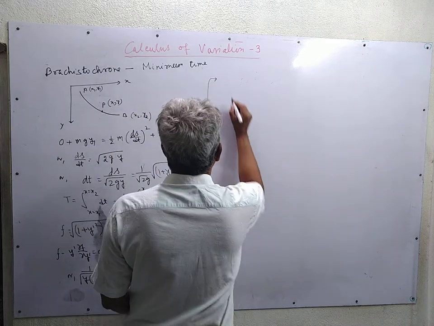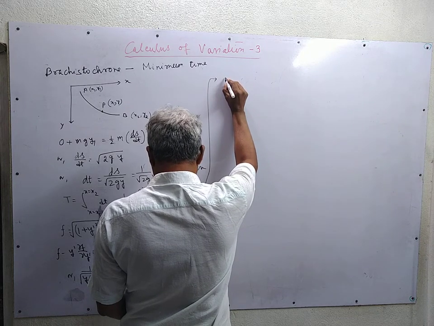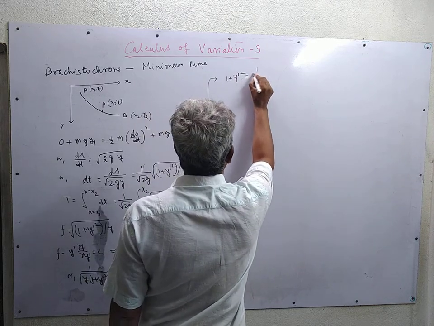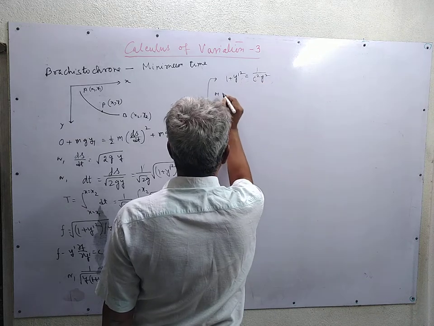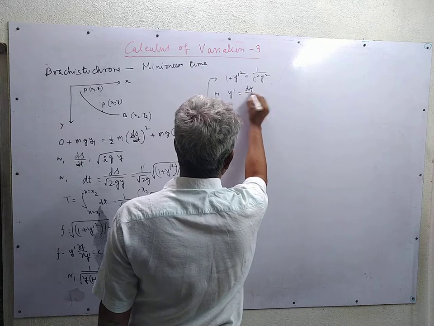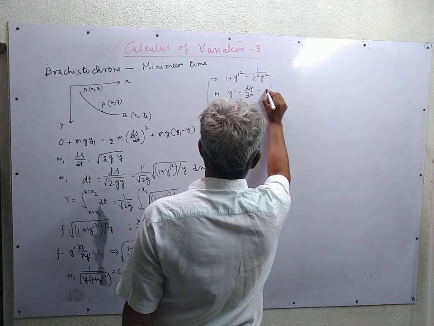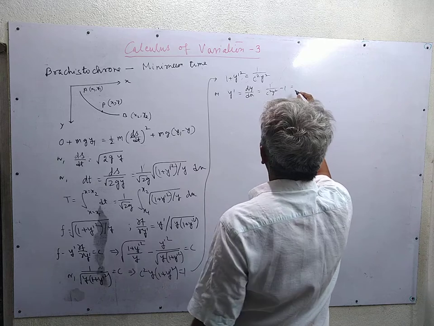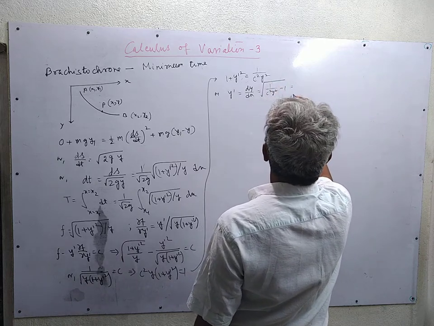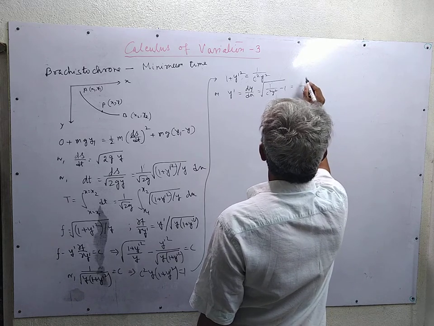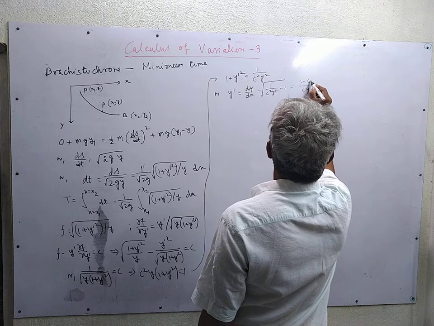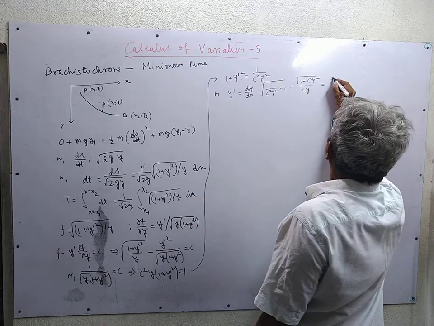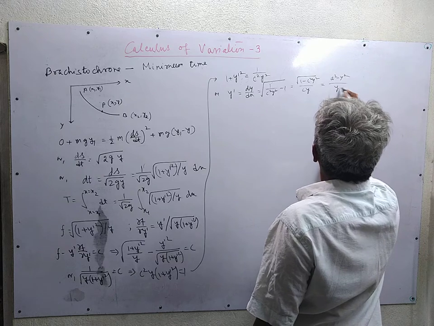Or 1 plus y prime square is equal to 1 upon c square y, or y prime, which we write as square root of a minus y by y.